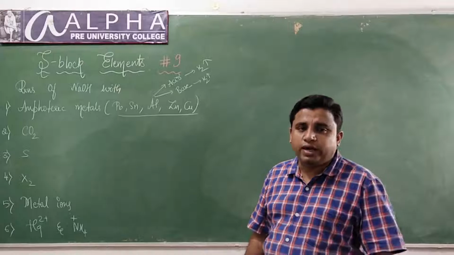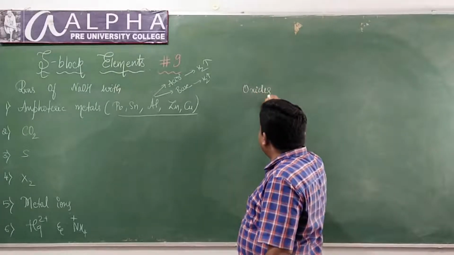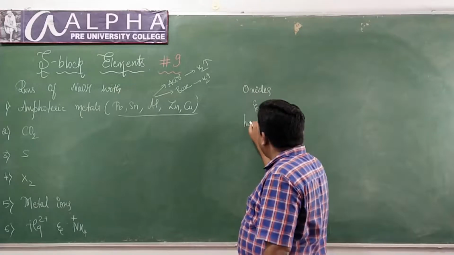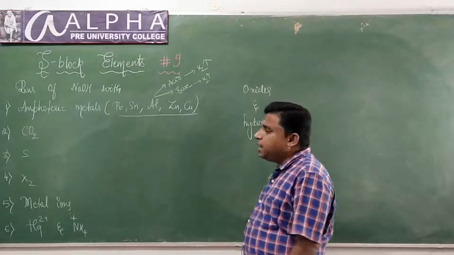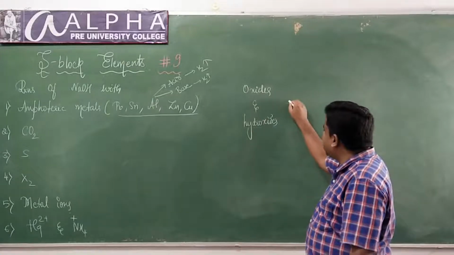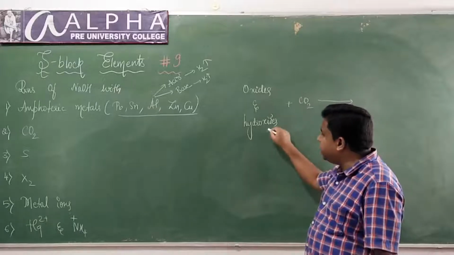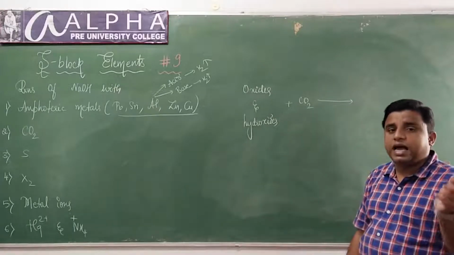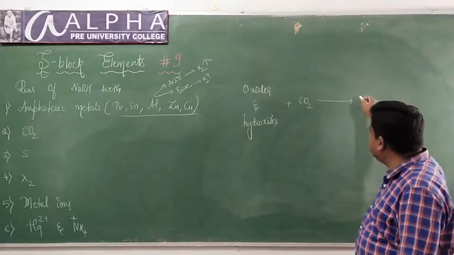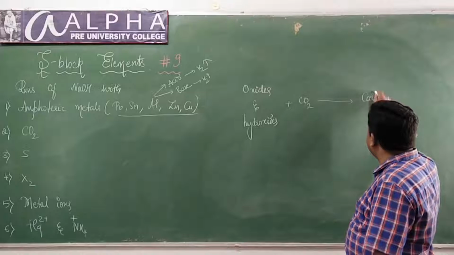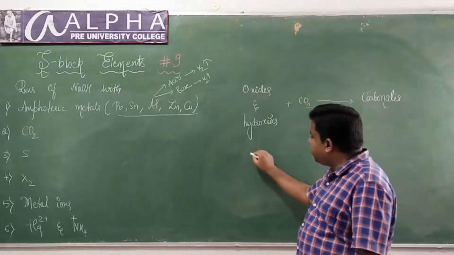When oxides and hydroxides of alkali metals as well as alkaline earth metals react with carbon dioxide, they form carbonates, isn't it? They form carbonates.